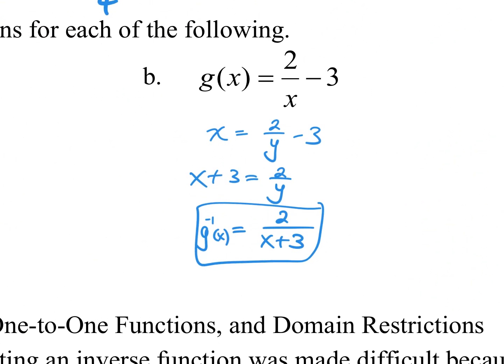On number 2, we have a little bit trickier function. This is a rational function with that denominator with the variable in it. The solving's a little trickier. Maybe somebody had some difficulties going from here. I'm realizing I kind of skipped a step. So what I really did here is I multiplied both sides by y.